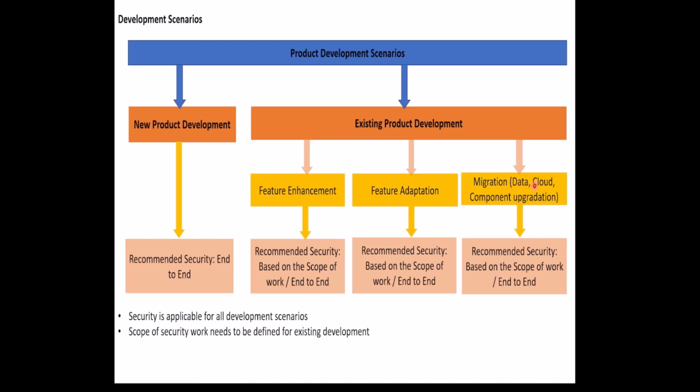That may be the data migration, cloud migration, component upgradation. So in the second category, the security is recommended based on our scope of work. Sometimes if required, the end-to-end security also we can execute here. So security is applicable for all the development scenarios. Scope of security work needs to be defined for existing development scenarios.